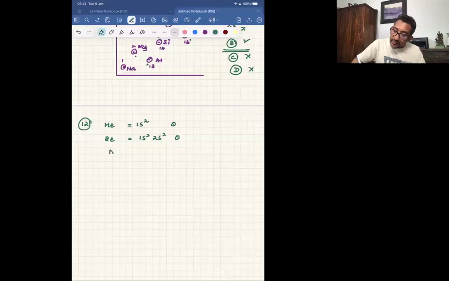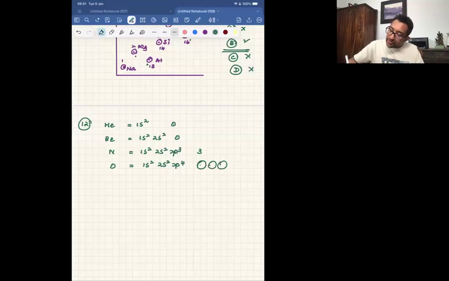Nitrogen, 1s2, 2s2, 2p3, three unpaired electrons. Oxygen, 1s2, 2s2, 2p4. With 3 p orbitals, you have the first electron, second electron, third electron. There are 4 electrons, so 2 unpaired electrons.